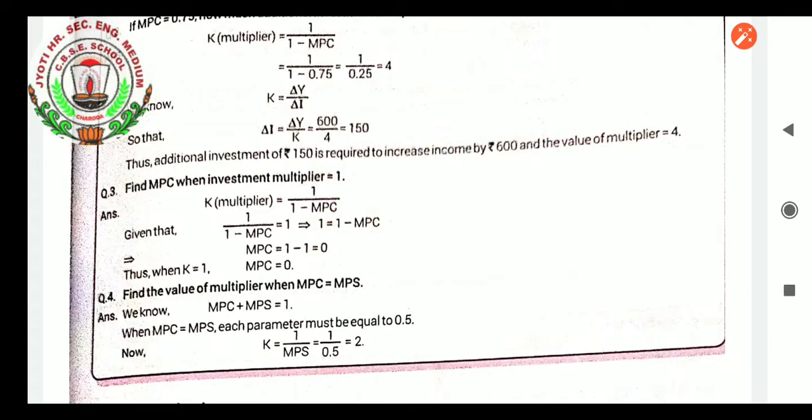Find the value of the multiplier when MPC equals MPS. We know MPC plus MPS equals 1. We have already discussed in one of the classes how we get MPC plus MPS equals 1.